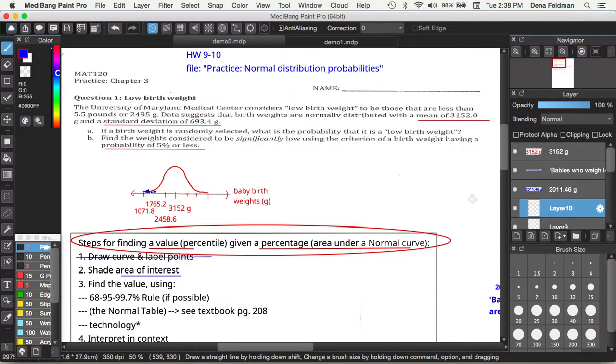It's something like this. But it's hard to know for sure, because I don't know what number along this line, 3,000, 2,000, 1,000, corresponds to 5%.